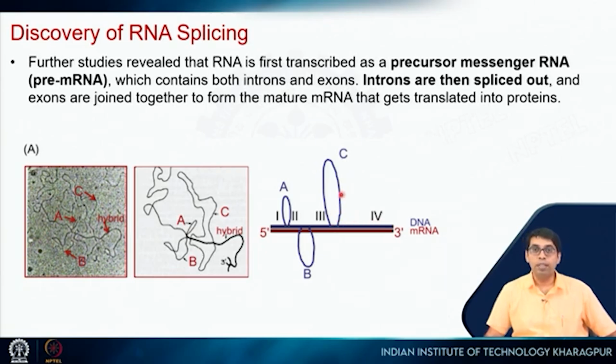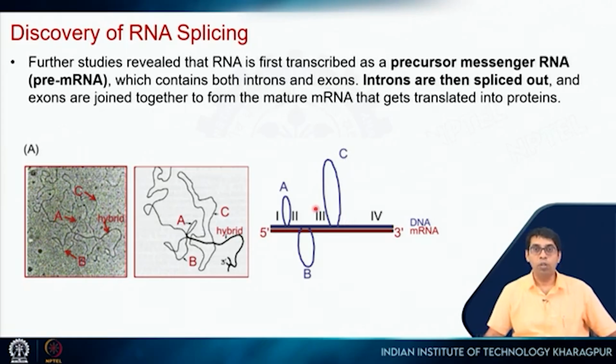So these are the regions that they called introns and exons, right? And they hypothesized that it is these introns which are spliced out, and the exons are joined together to form the mature messenger RNA. So this is your mRNA splicing.